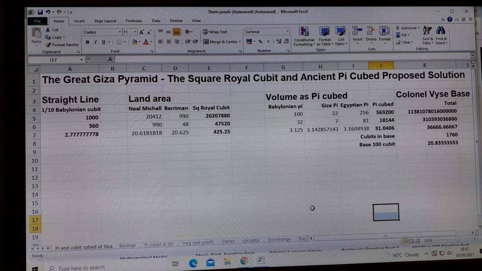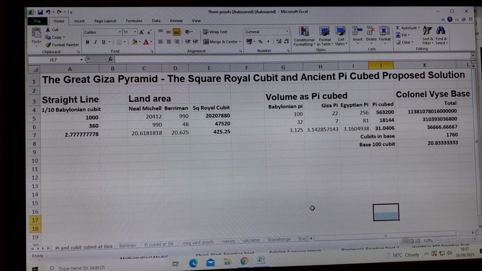Pi cubed comes out at 563,200 divided by 18144, which is 31.0406 inches cubed.